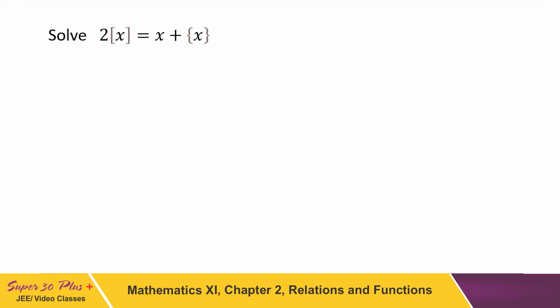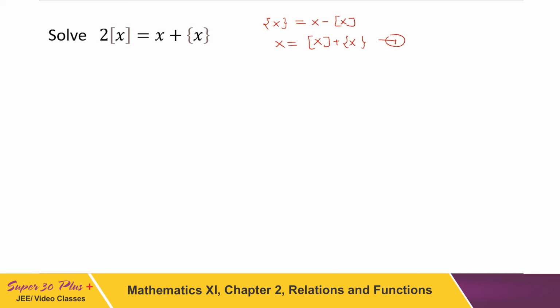Let us see one example on the greatest integer or fractional part function. What is the definition of the fractional part function? As we know, it is x minus the greatest integer of x. Now what is x? x is the greatest integer of x plus the fractional part of x.